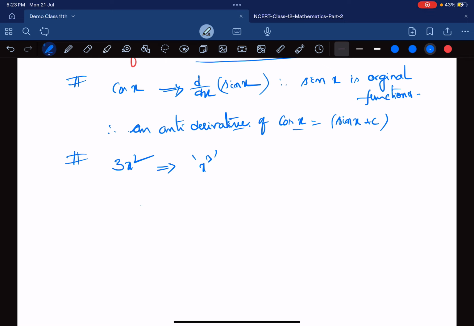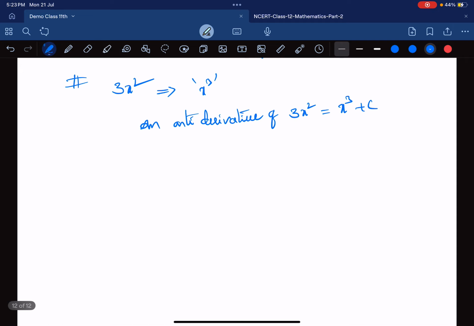So an antiderivative of 3x square is x cube plus c.